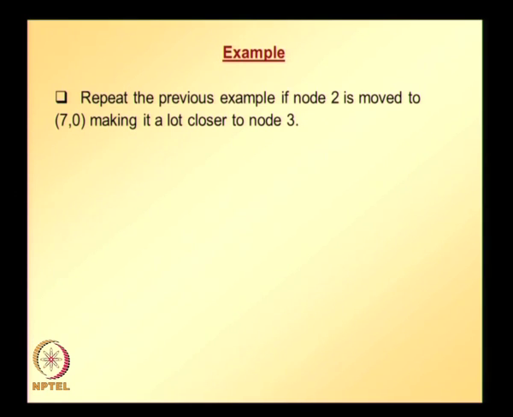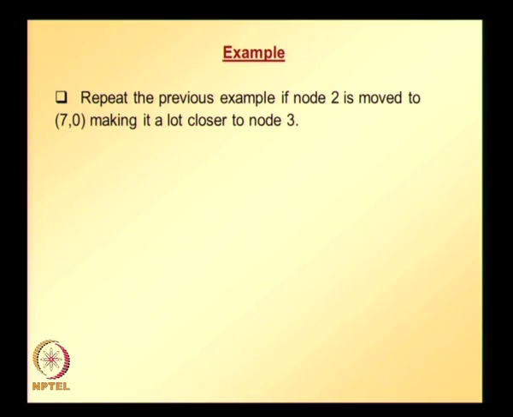Earlier node 2 was located at 4 0. Now it is moved to 7 0, and the locations of all other nodes remain the same. So, the nodal coordinates get modified like this.